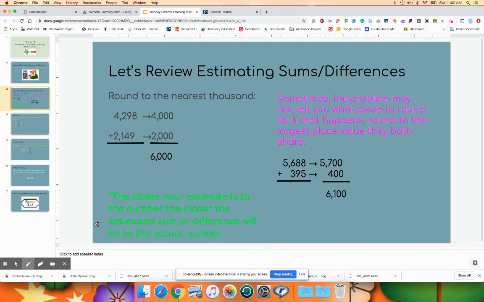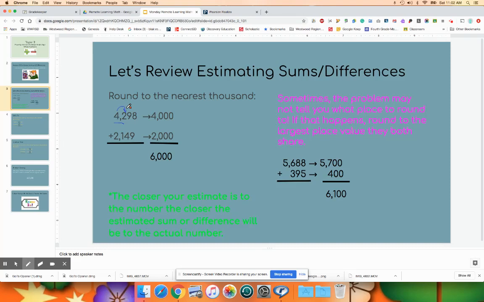So just a little bit of a review. Here they're telling me to round to the nearest thousand. So I have 4,298. I'm going to use my rule to really help me. I underline the rounding place and I draw my arrow, right? Is the 2 going to bump up the 4 or leave it alone? It's going to leave it alone.